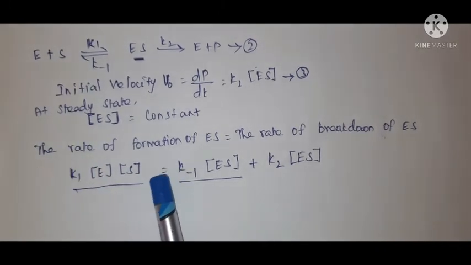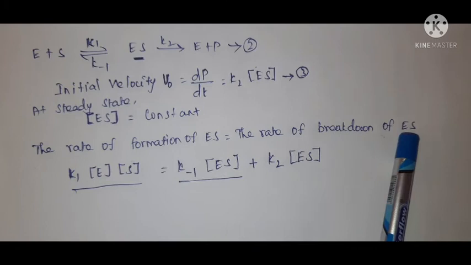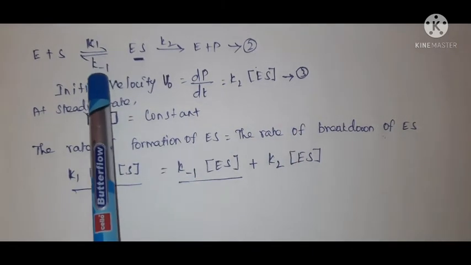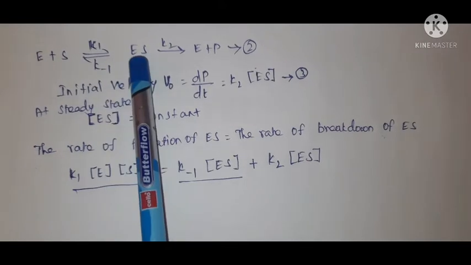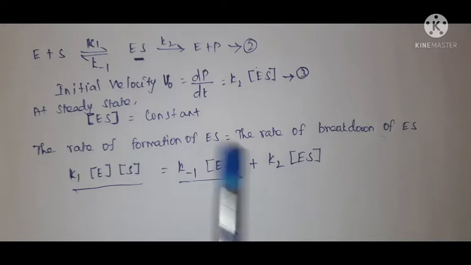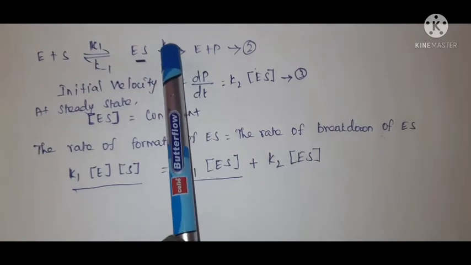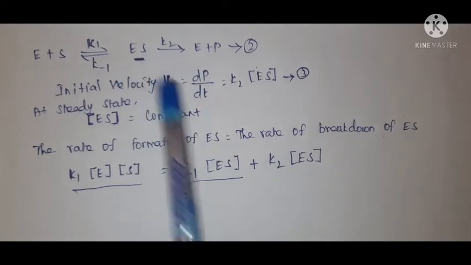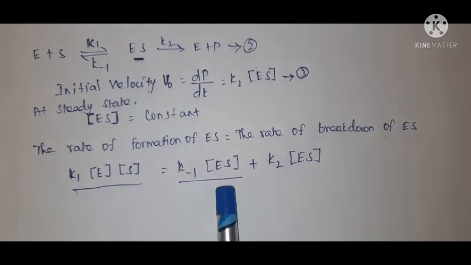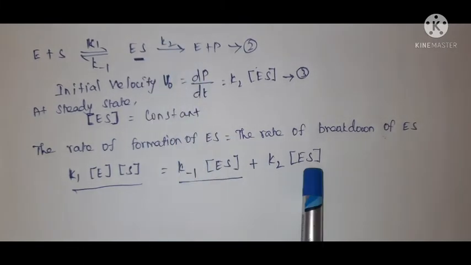That is equal to the rate of breakdown of ES. In the first step, the rate constant is K minus 1 and the reactant is the enzyme substrate complex, plus the second way, the rate constant is K2 and the reactant is ES. So K1 into E into S is equal to K minus 1 into ES plus K2 into ES.